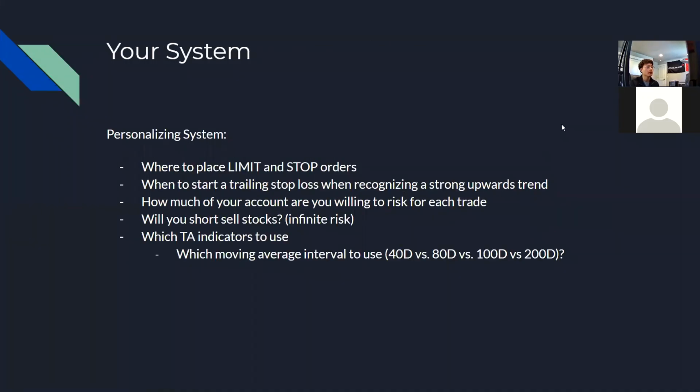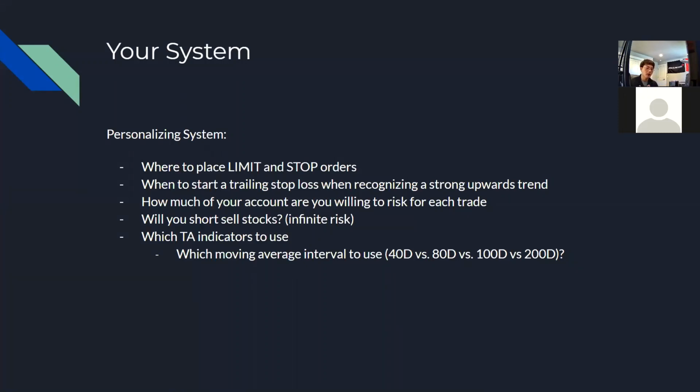All right. Okay, so when you're creating your personalized system for trading, you have to think about where you want to place limit and stop orders. As I was saying with the R multiples, your limit orders should be placed at least more than one full interval between the current price and the stop loss.